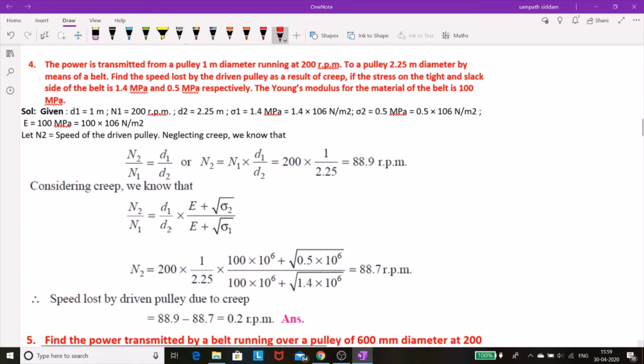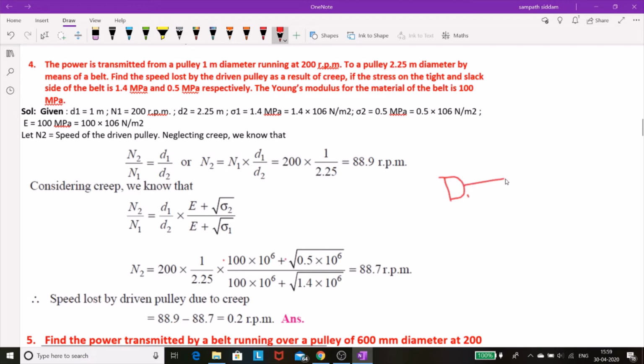So here, this is a problem related to creep. What is the problem over here is the power is transmitted from a pulley 1 meter diameter. So let's take, there is a pulley over here, the driving one, D1.